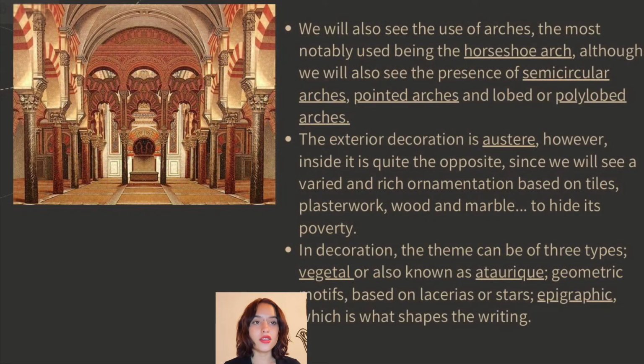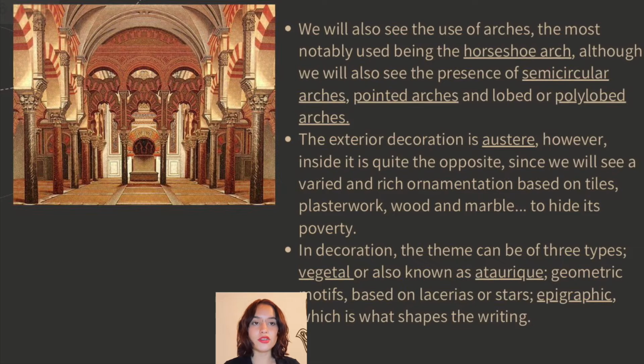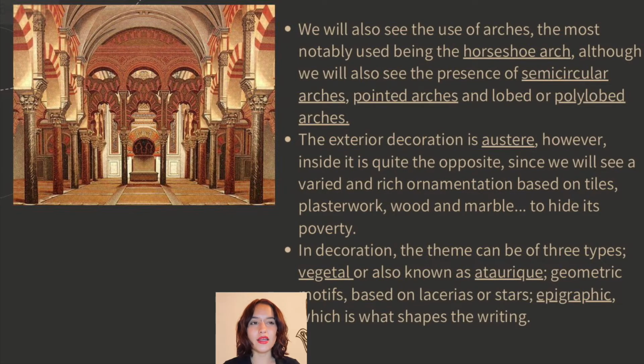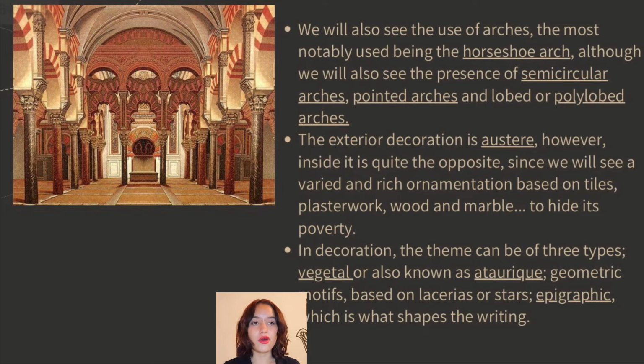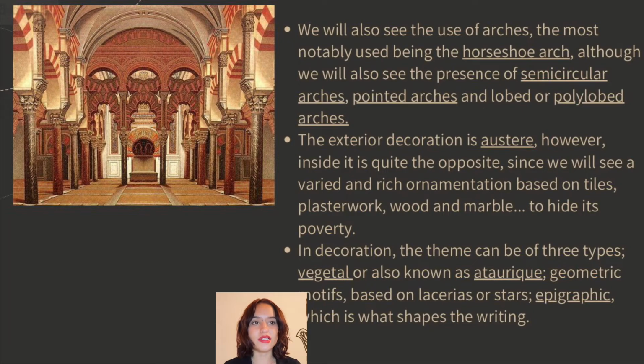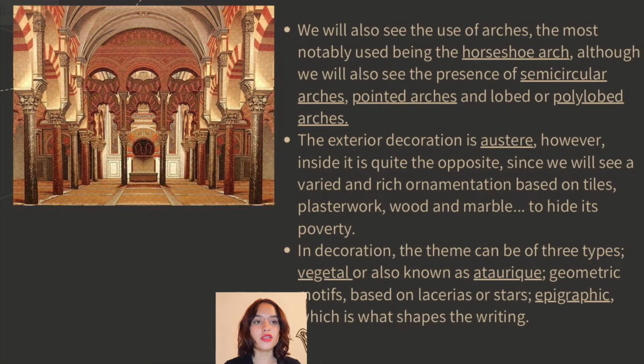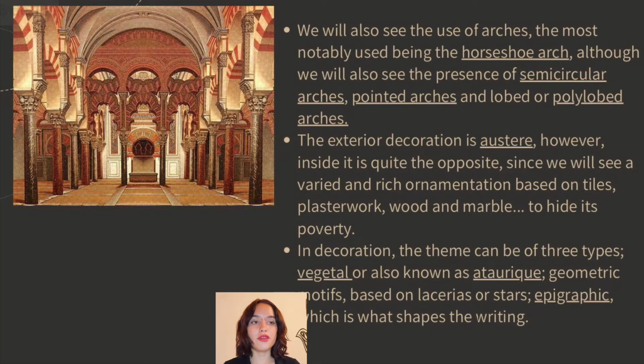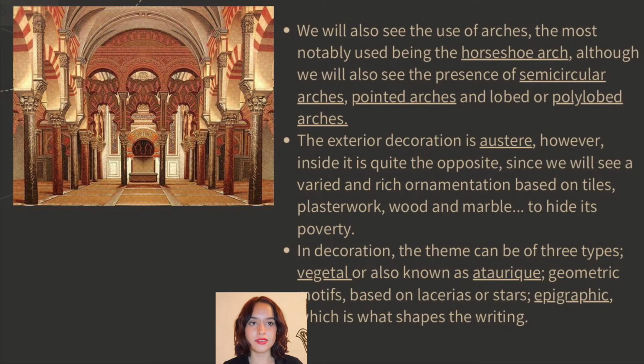Then we will also see the use of arches, the most notably used being the horseshoe arch, although we will also see the presence of semicircular arches, pointed arches, and lobed or polylobed arches.